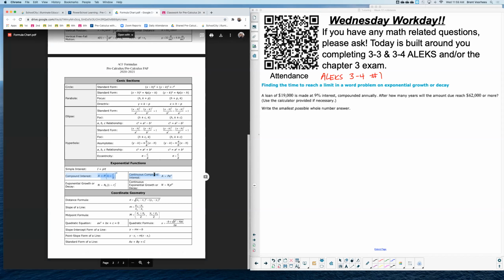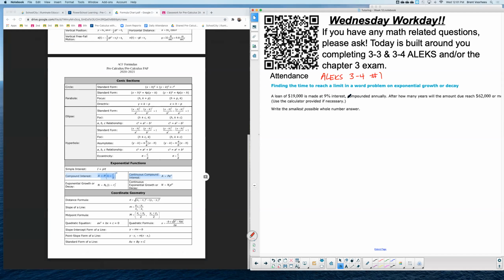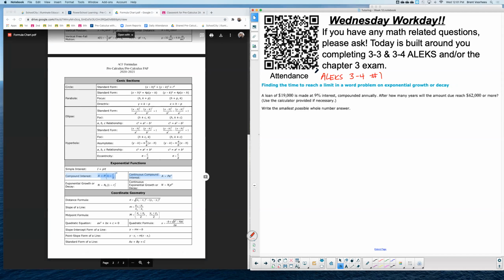We're going to use one of these 2 formulas. It tells us that it's compounded annually. That's a big key. Anytime the problem gives a frequency of how often it's compounded, if it's not continuously or exponentially, you're going to use the formula on the left: A equals P times (1 plus r over n) to the power of nt, where n is how often per year.